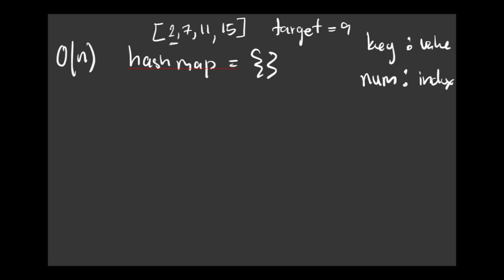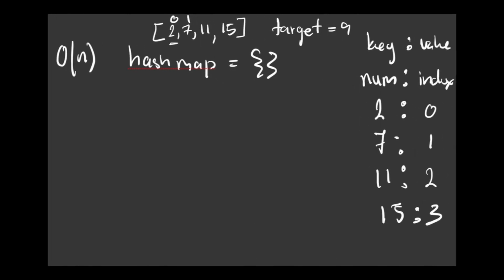So for example, taking from this array, the first number here is 2, and the index is going to be 0. Here is 7, and that's going to be 1, and here is 11, it's going to be 2. Here it's 15, and 3.